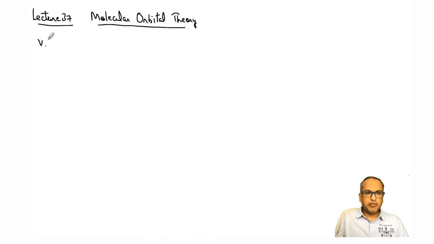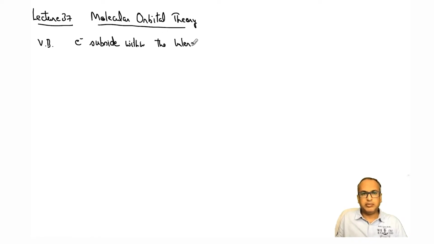Okay, so in valence bond theory, we had discussed that the electrons reside within the interacting atomic orbitals, or within the interacting atoms, you can say, right?